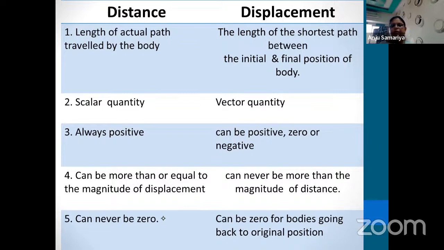Distance is always positive, while displacement can be positive, negative or zero. Distance can be more than or equal to the magnitude of the displacement, whereas displacement can never be more than the magnitude of the distance. Distance can never be zero for a moving body. Displacement can be zero if the body goes back to the original position.